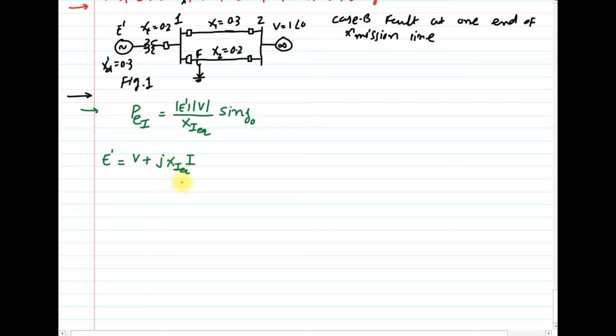So in this equation we need to calculate the X1 equivalent and the value of I. So let us first calculate the X1 equivalent from figure number 1.